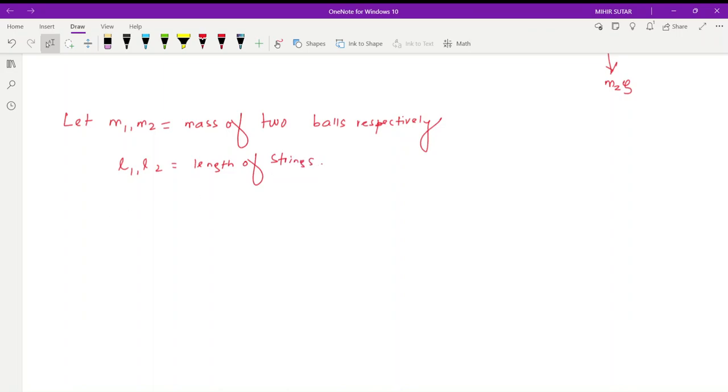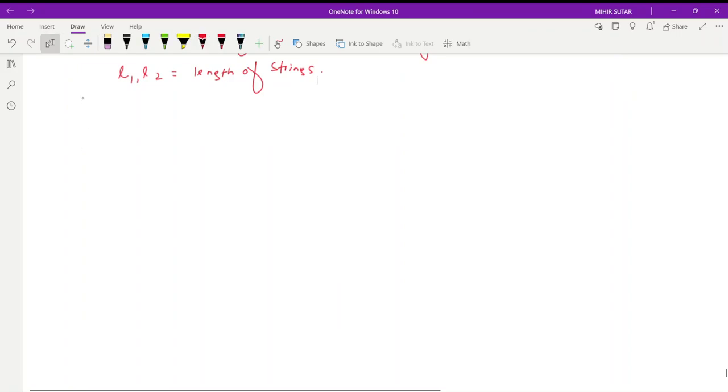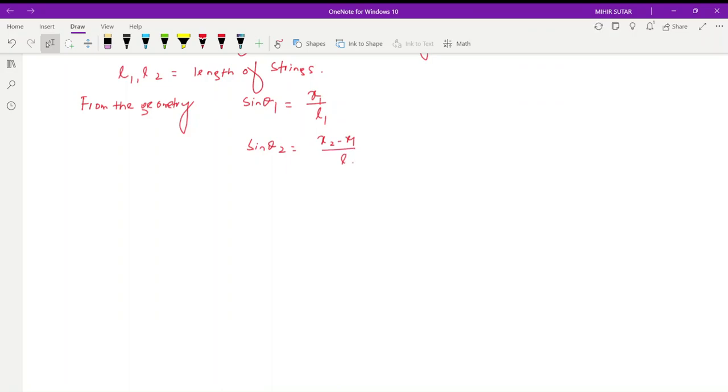Okay. From the geometry, we have sine theta 1 is x1 by L1, and sine theta 2 is x2 minus x1 by L2. Let's say this is equation 1.